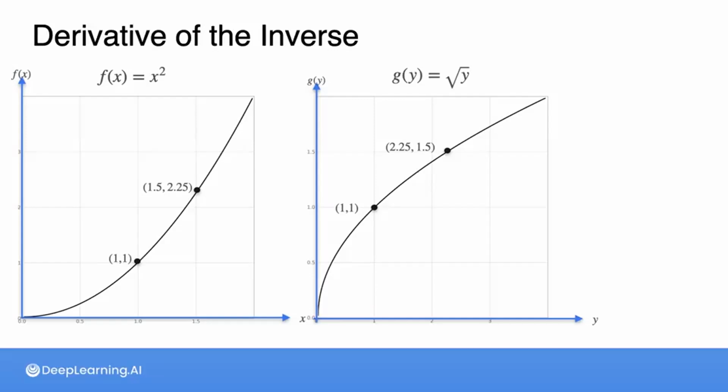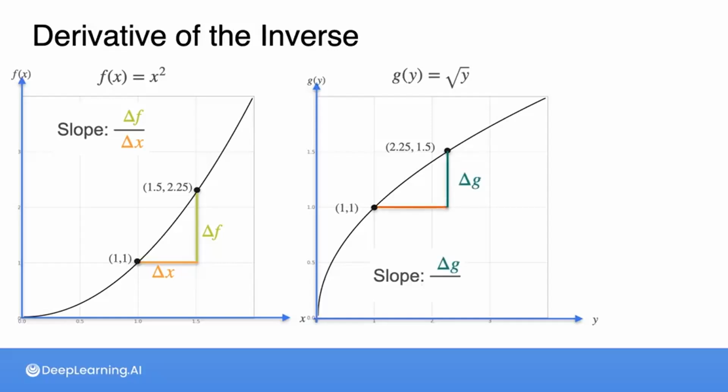So let's calculate the slope of this secant line. On the left, it's delta f divided by delta x, so the change in the vertical coordinate divided by the change in the horizontal coordinate. And on the right, this is going to be delta g over delta y, where delta g is the change in the vertical coordinate and delta y is the change in the horizontal coordinate.